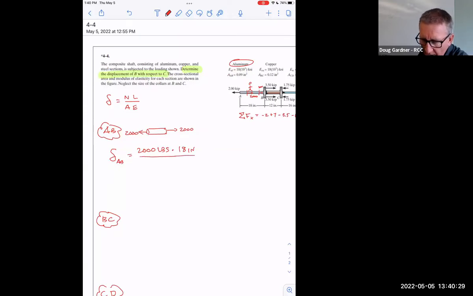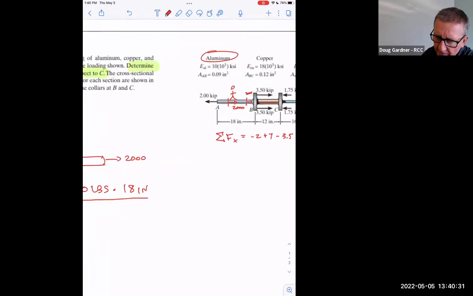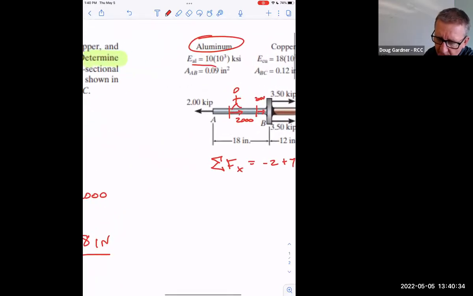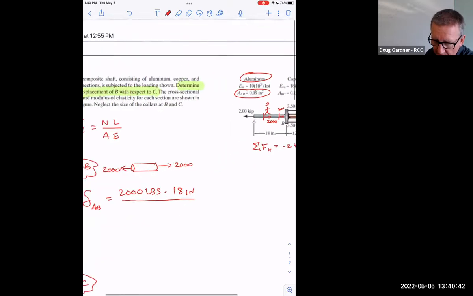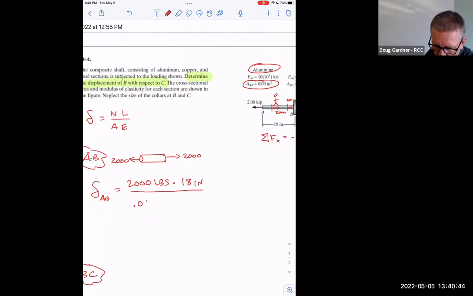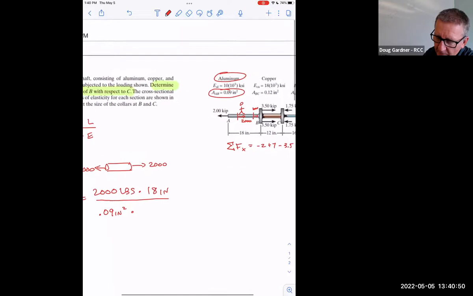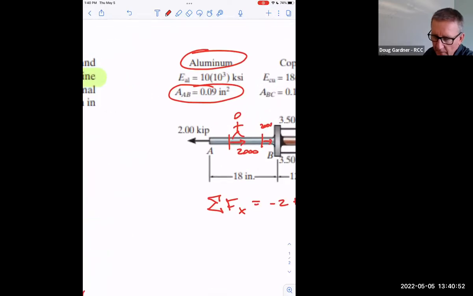And then I've got area. Notice up here, they did something very nice for us. They just told us the area. They didn't tell us the diameter and make us calculate it. They just told us what the area is. So it's already an area, 0.09 square inches. And then E, and they also told us that. Notice they didn't make us look it up in the back of the book as we will in all the other problems.